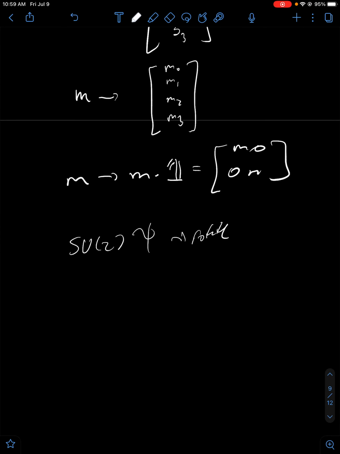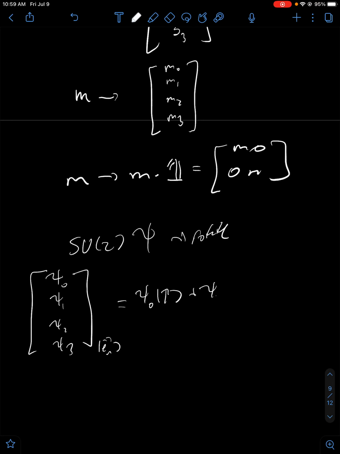Another guess is that it's because the spinor is psi 1, psi 2, psi 3. That actually equals, when you put a basis for spin states, psi naught spin up plus psi 1 spin down plus psi 2 spin up plus psi 3 spin down.